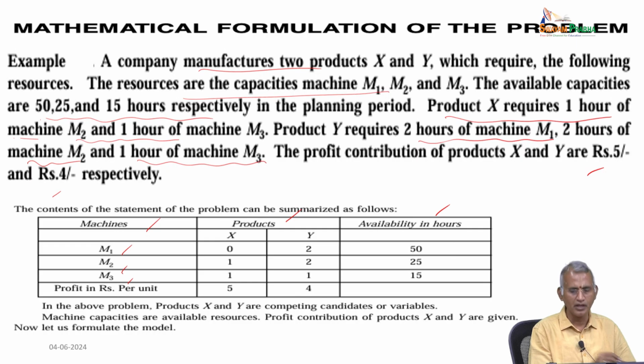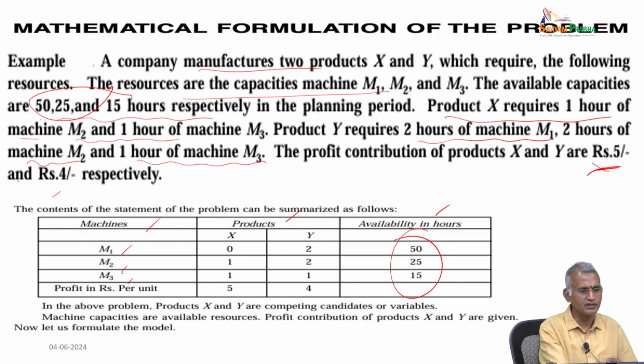Therefore, according to the table, the maximum availability of M1 is 50, M2 is 25 and M3 is 15. These are the availability hours, and the corresponding profits are 5 and 4 for X and Y. Therefore, we form a table like this.